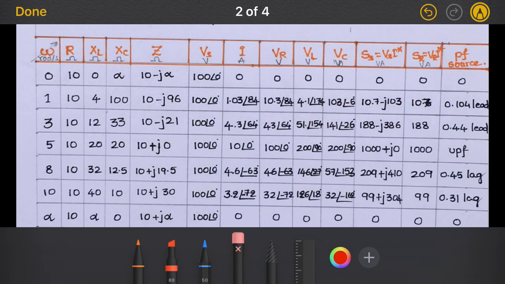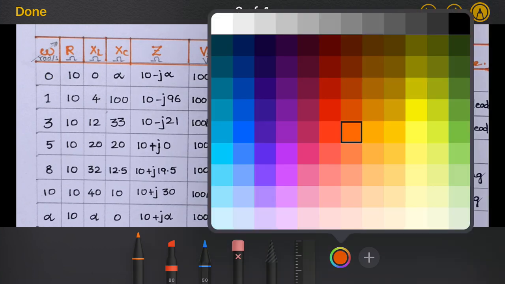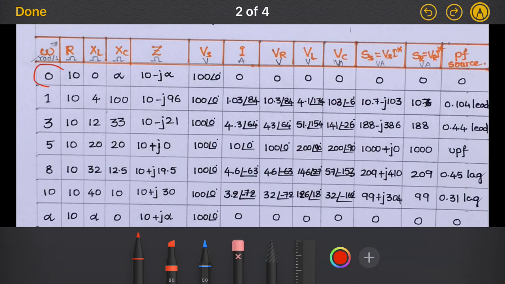Now, for different values of frequencies, omega is the supply angular frequency. If you know the angular frequency, we can calculate the frequency, that is f equal to omega by 2 pi. Now, when the angular frequency is 0 radians per second, what is the resistance value in that circuit?